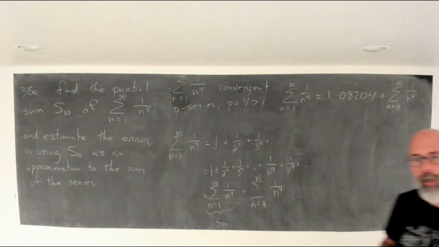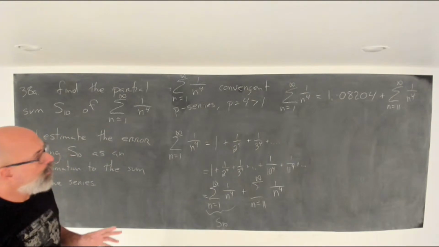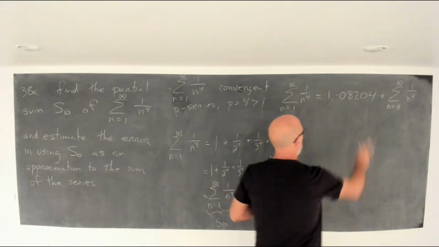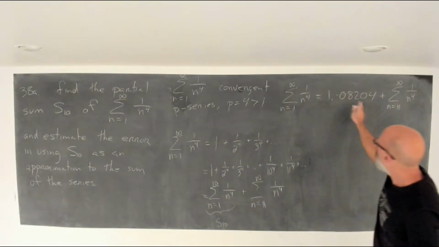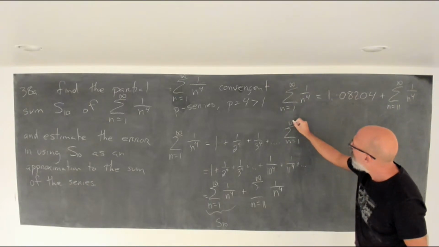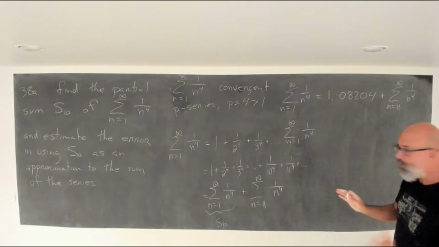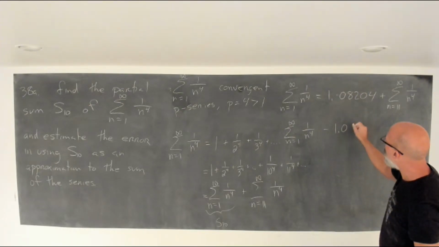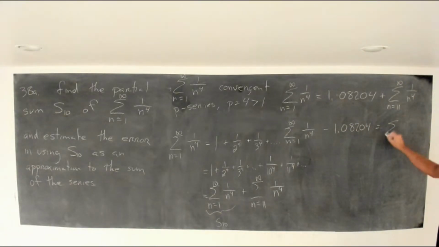So you see what's happening, right? If you bring this to the other side, your S10 here, you get that whatever your series converges to, we don't know what it converges to, but whatever it converges to, minus this approximation, is equal to that.